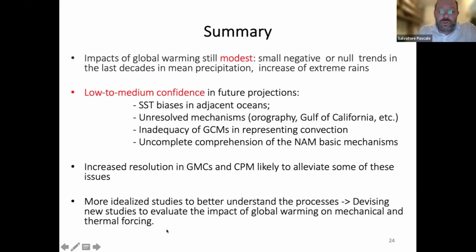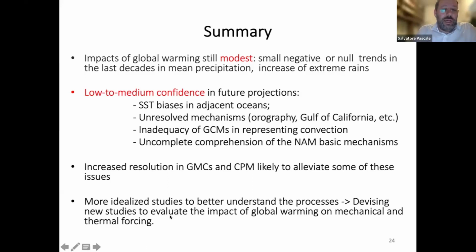Also, I think what we also need is to continue to better understand the basic mechanisms of the monsoon, as shown by the last paper. For other monsoons, like the Asian monsoon, there have been a lot of idealized studies. This was prevented for the North American monsoon, mostly because until 20 years ago, models were not of high enough resolution.